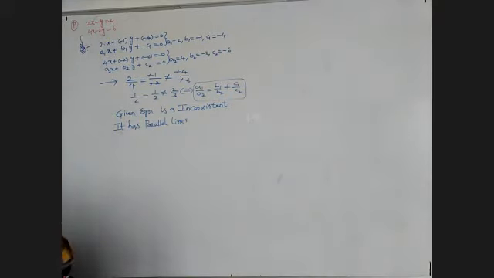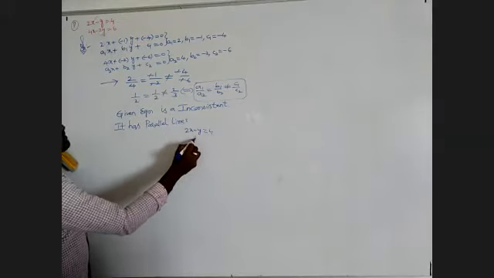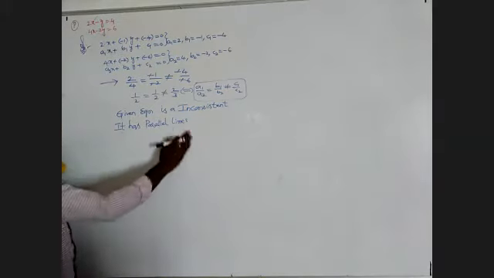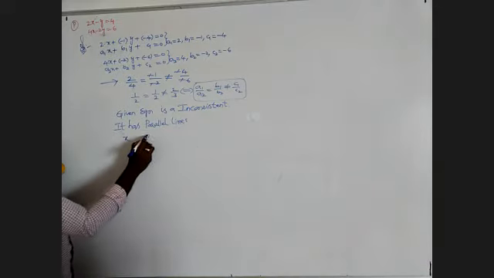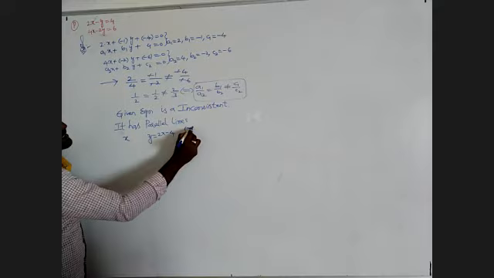But we have to check their values. The first condition given is 2x minus y becomes 4, that is y is equal to 2x minus 4. We write y is equal to 2x minus 4, and also I have to take x comma y.